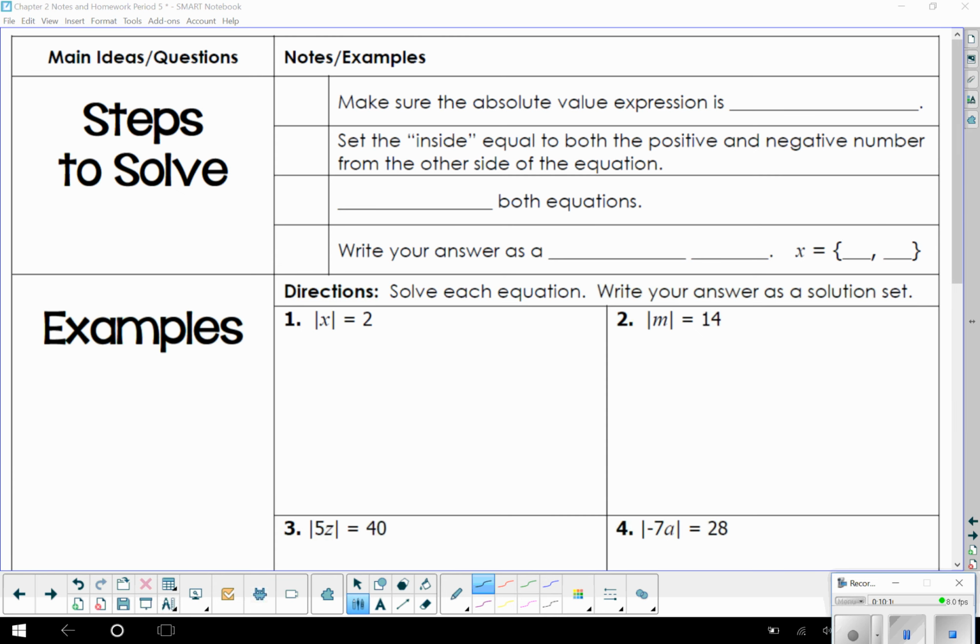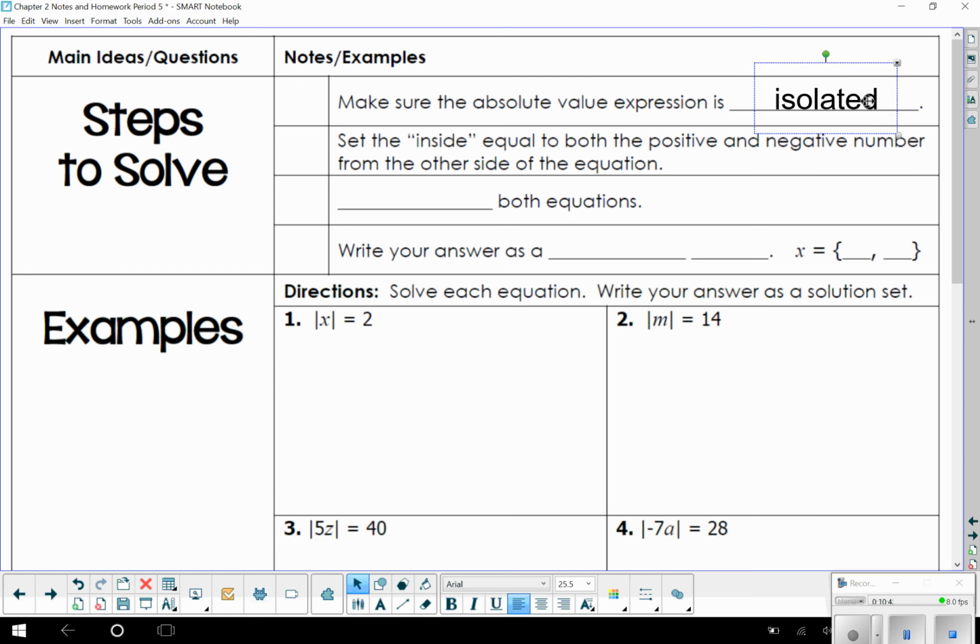All right, so we're on page 17. Page 17, yes, I'm asking you to skip some pages. So let's fill this in. Make sure the absolute value expression is isolated.